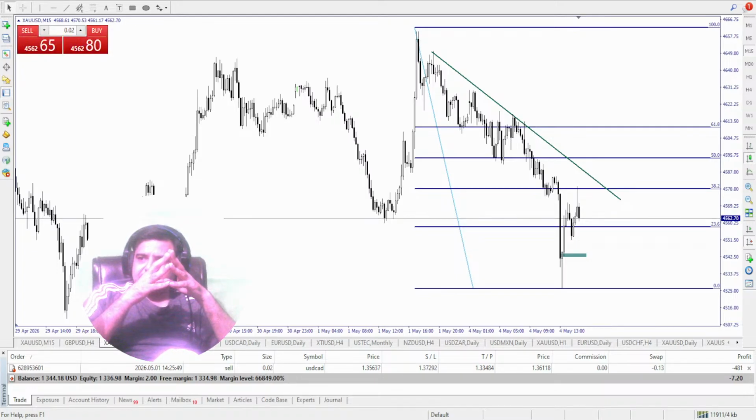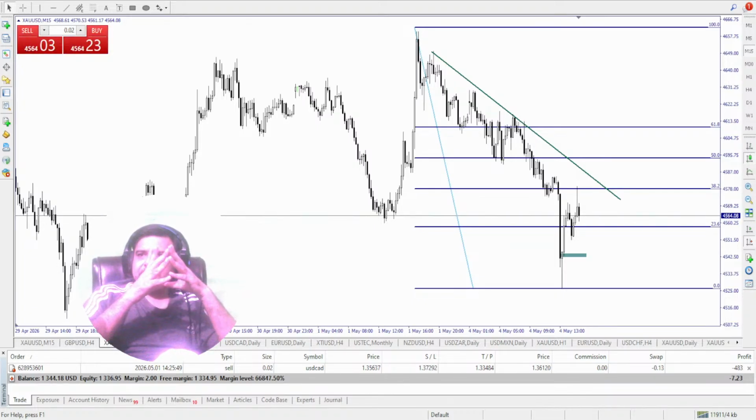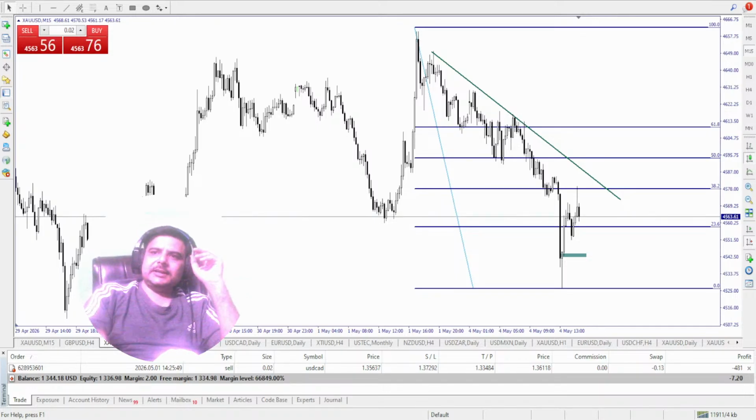You must just check when it comes back whether it will invalidate the levels where it started from. Which level? Which level? Can you highlight?